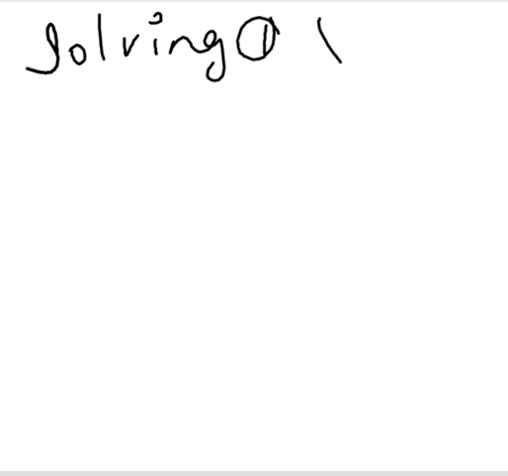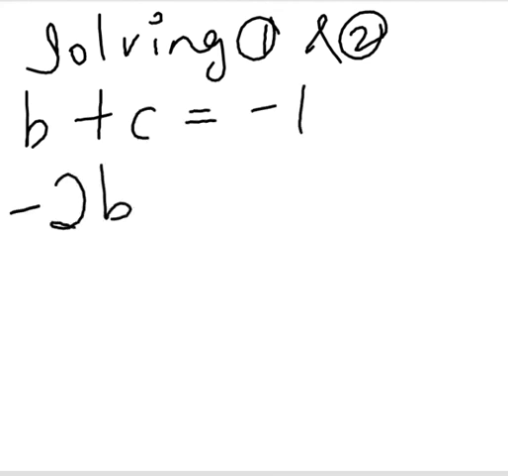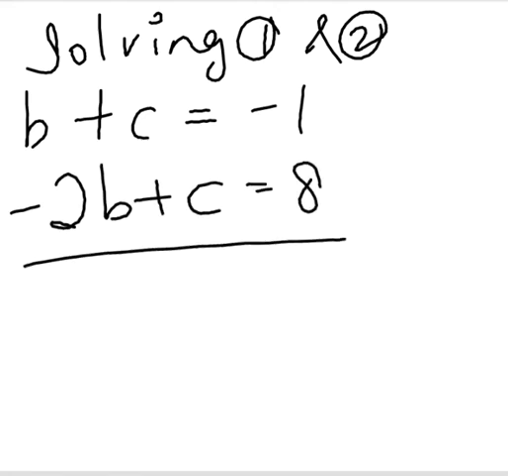So now we have to solve both equations 1 and 2. The first equation is b plus c is equal to minus 1, and the second is minus 2b plus c is equal to 8. First we have to knock out one term so that we get one value, then we can substitute.